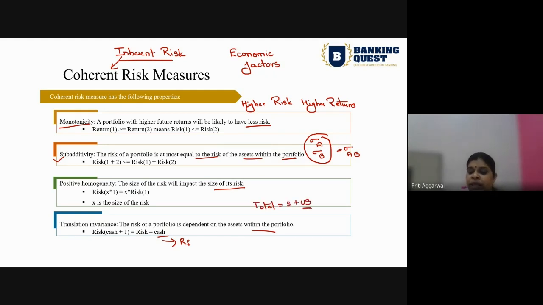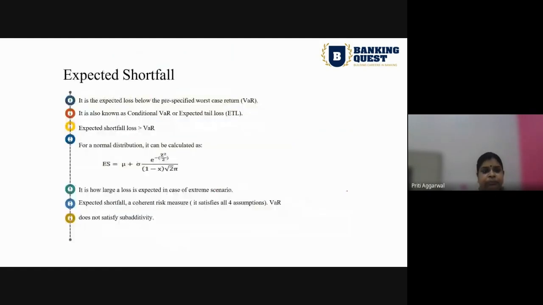This risk can definitely be mitigated through diversification. If I have two securities in my portfolio, wherein one is with some risk and one is risk free, then my total risk will only comprise the risk of that particular asset class and not the one which is risk free, right, friends?